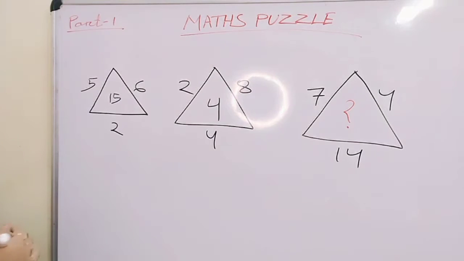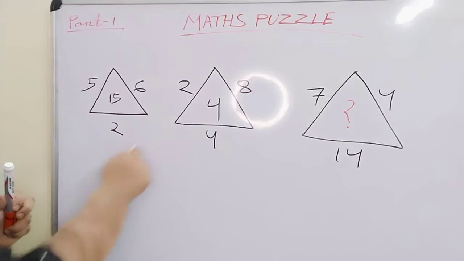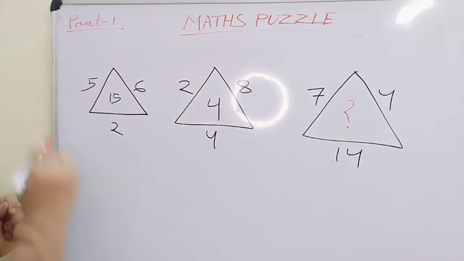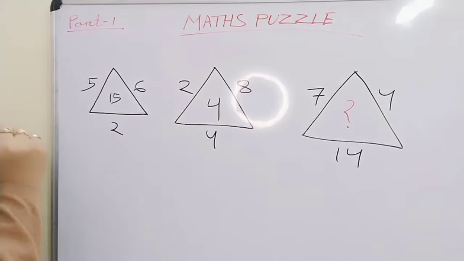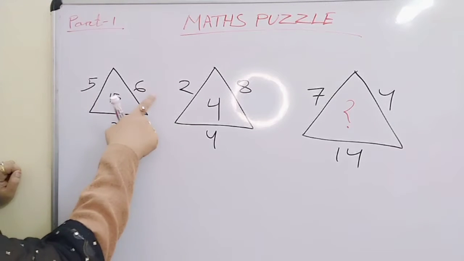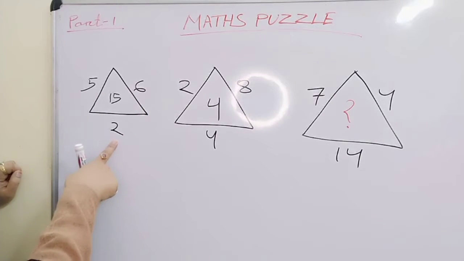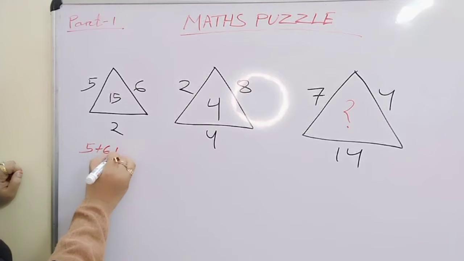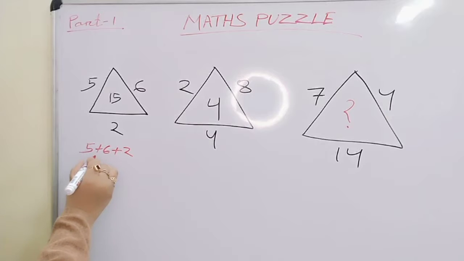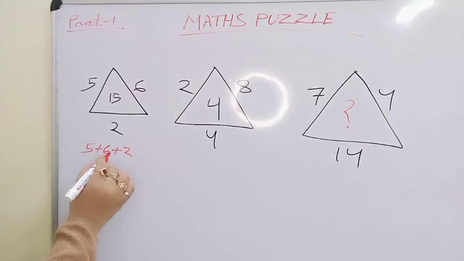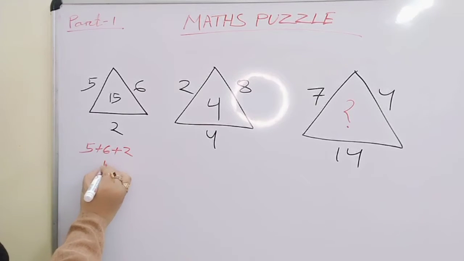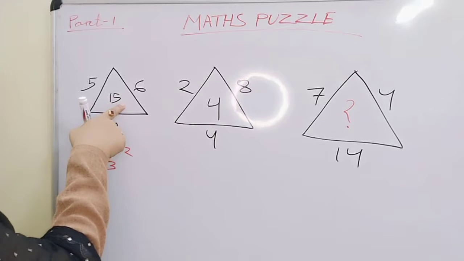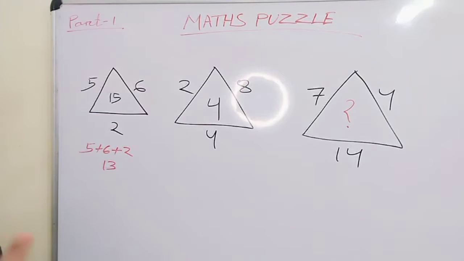Okay, let's see the relation in this first figure. So in this first figure, if I add 5 plus 6 plus 2, what do you get? 13. Okay, so here is 15, so it is not applicable.